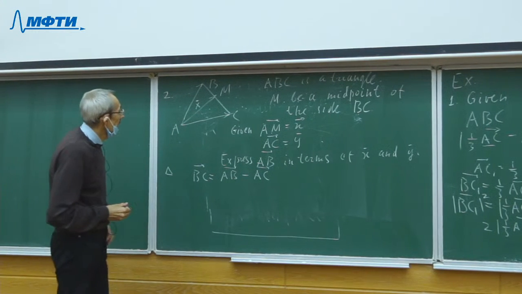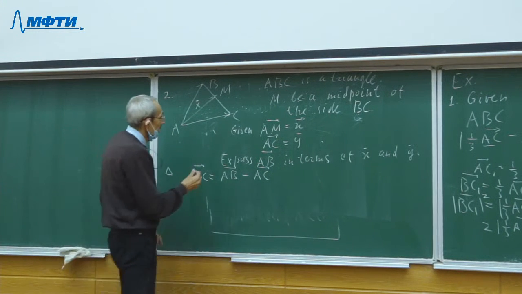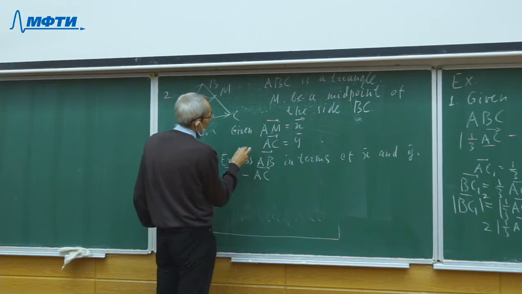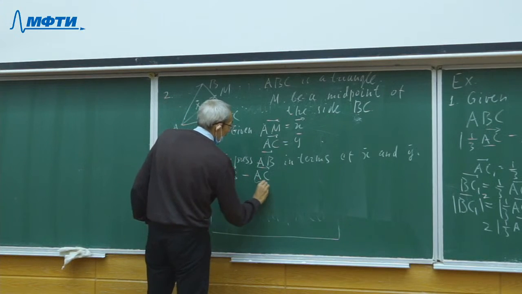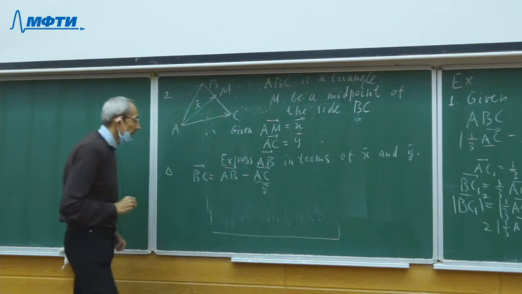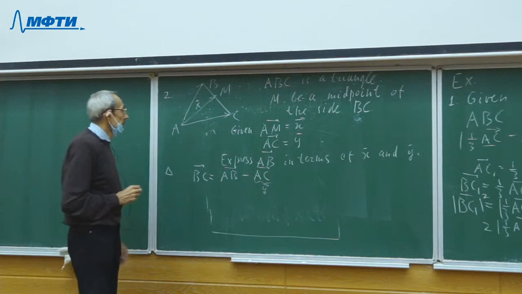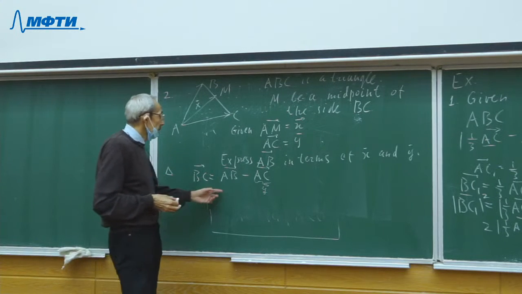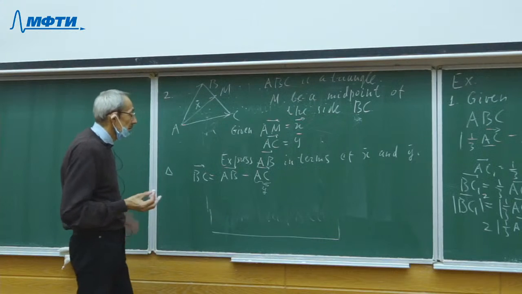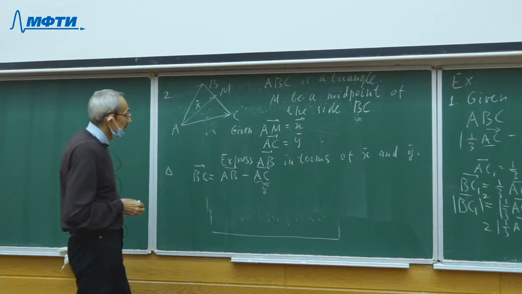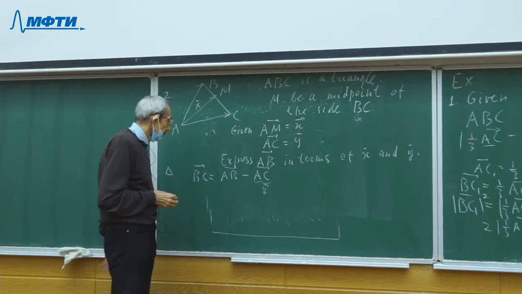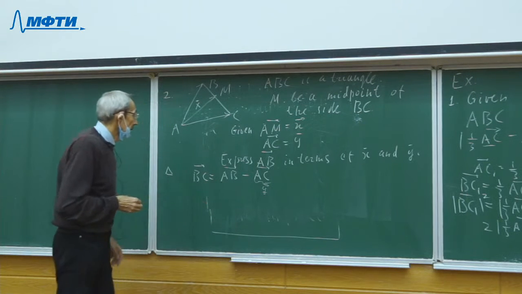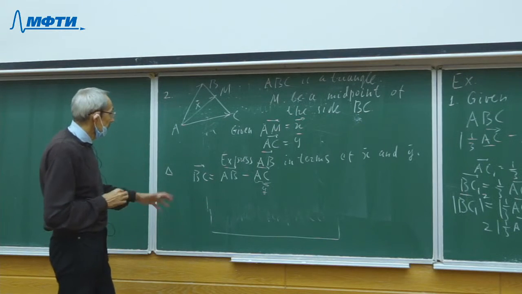In this expression, AC is the given vector y, but AB is an unknown vector, and we will continue to look for some relation between this vector and others.